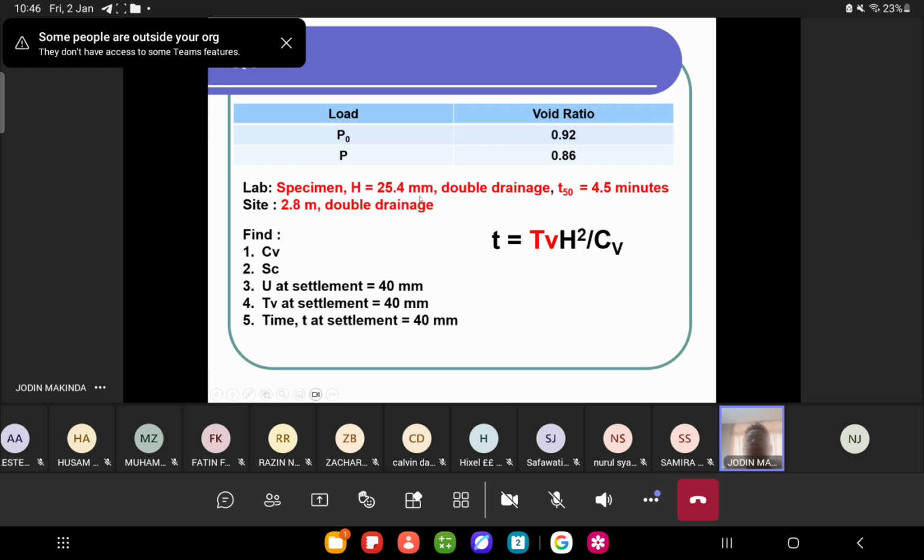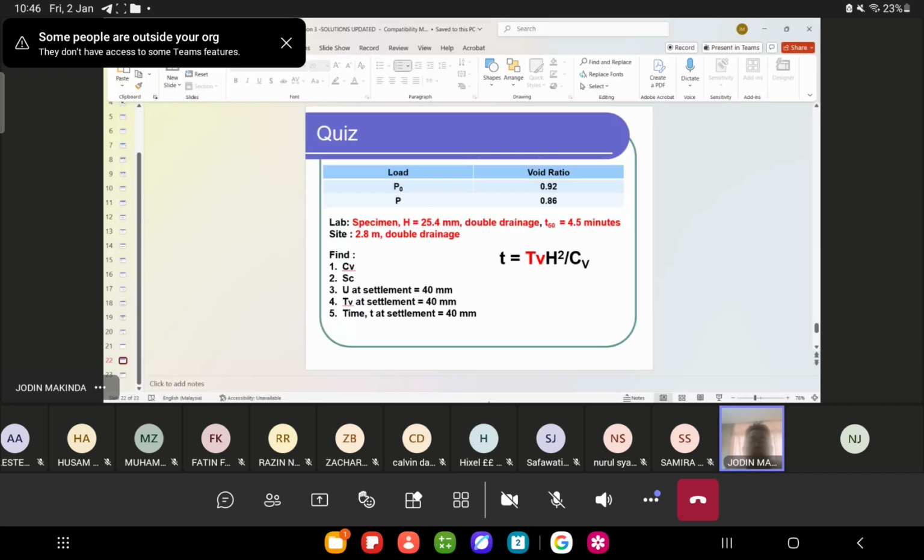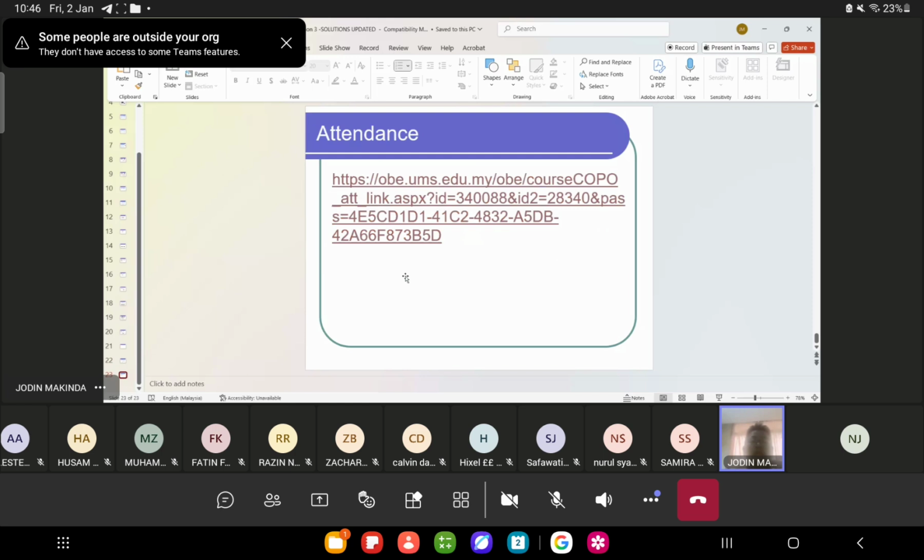Solution to this quiz must be submitted by tomorrow at the folder on ITEL.